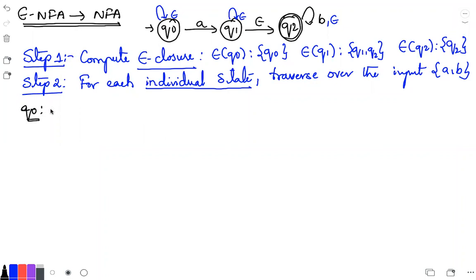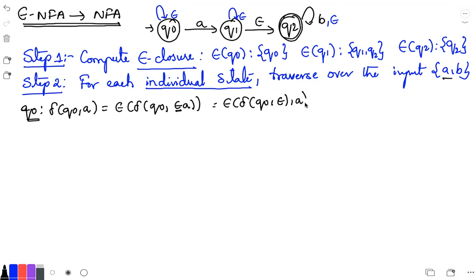So first, state Q0. Delta of Q0 on the first input character A. Here you need to append epsilon for each round. So it is the epsilon closure of delta of Q0 on epsilon comma A. That is the methodology.